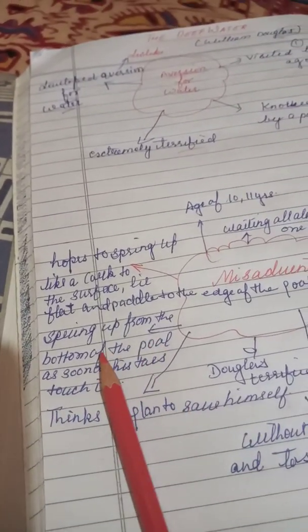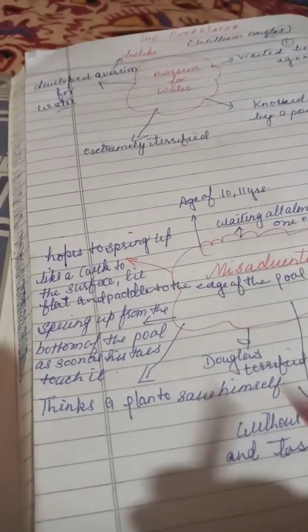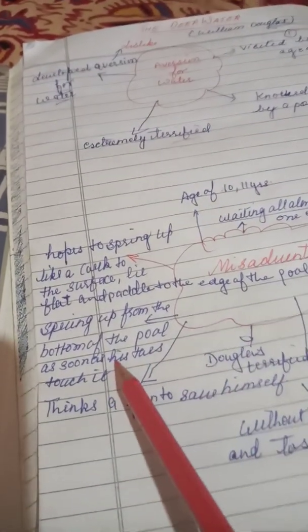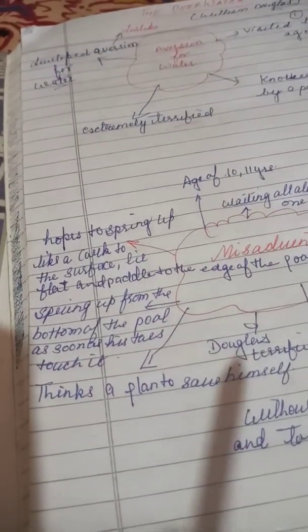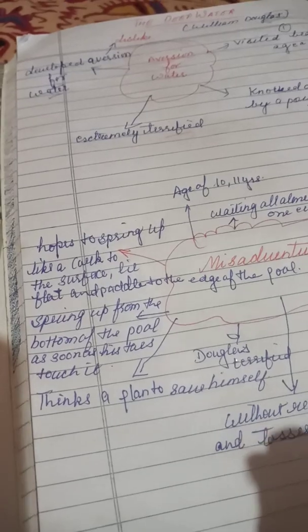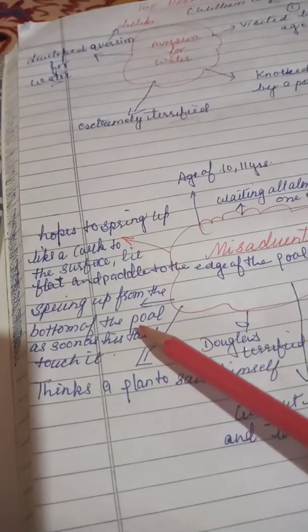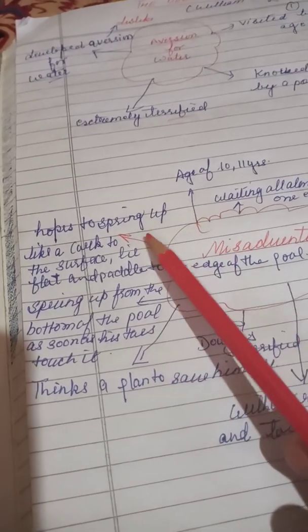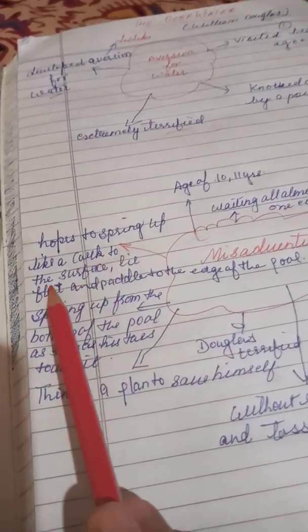He thought that when he reached down and touched the bottom, he might come out of it. That is, the moment he gives a push with his toes to the water upward, he may come out of it, and he hoped that he would be springing out like a cork.